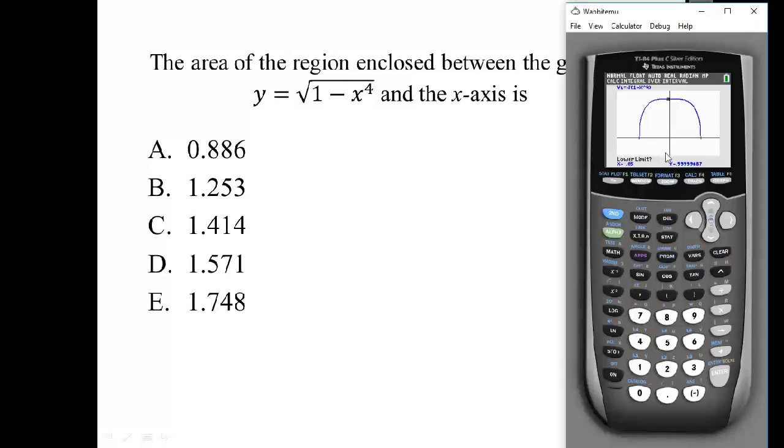I'm just going to go ahead and tell you. And you're going to go from -1 to +1. And it will actually go in here and shade this in and show you what the value is. The value is 1.748093. So our answer choice is E.